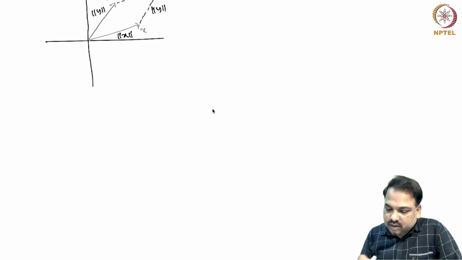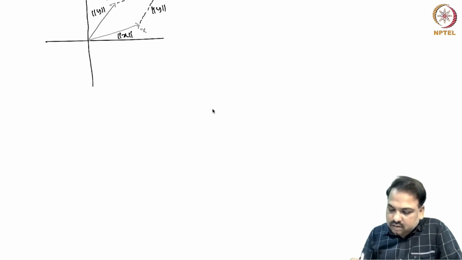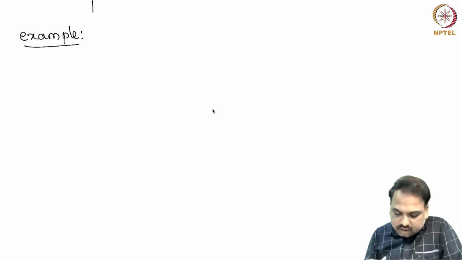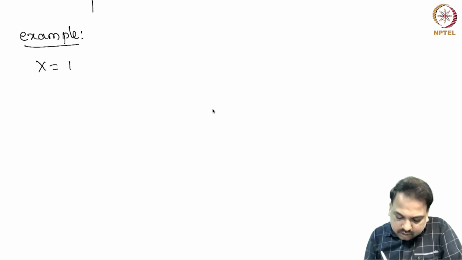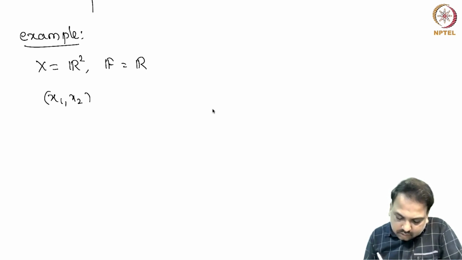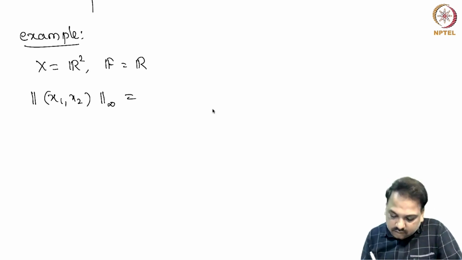Now let us look at a simple example. Let us take X to be R2 and the field is R. The norm of a vector in R2 is given by the maximum of mod x1, mod x2.